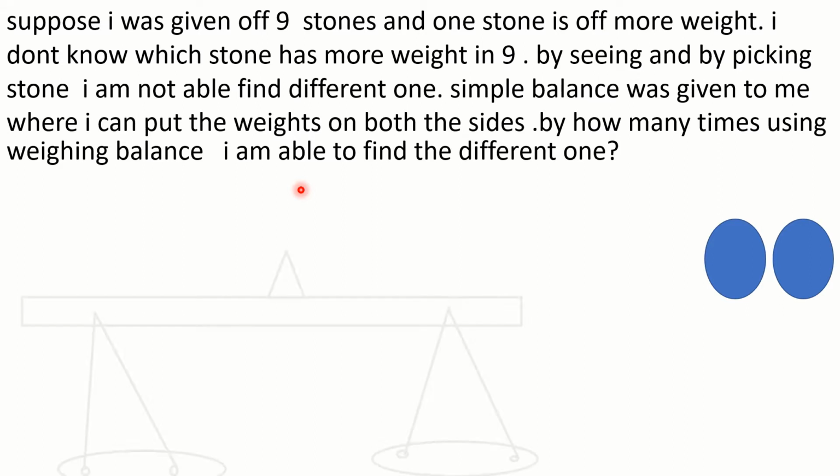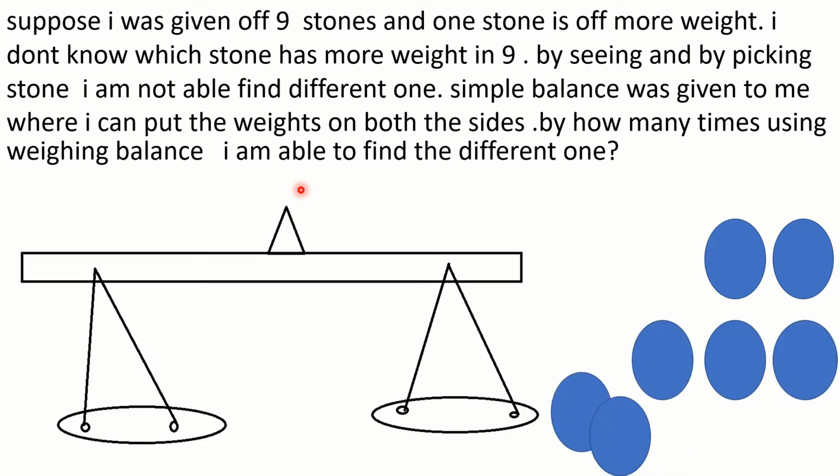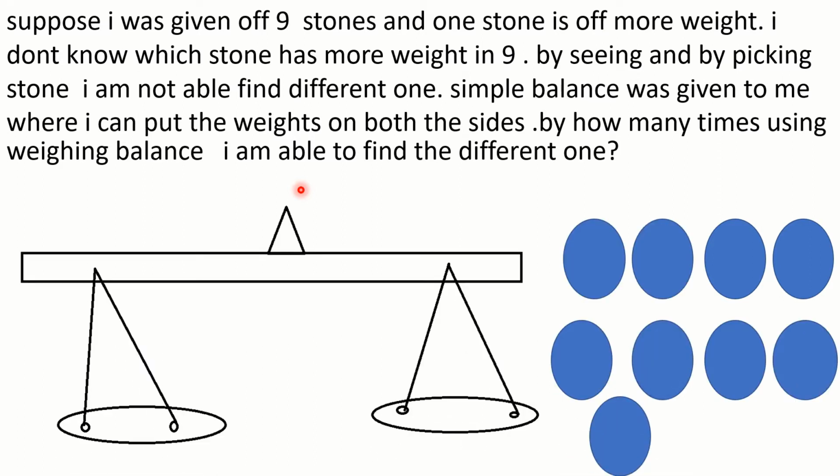Suppose I am given 9 stones. They look similar, but 8 have the same weight and one has a different weight. By looking at these 9 stones, I am not able to say which one is the different one.